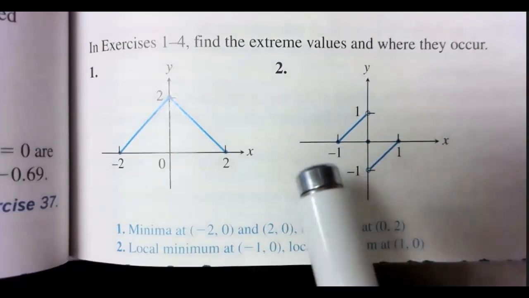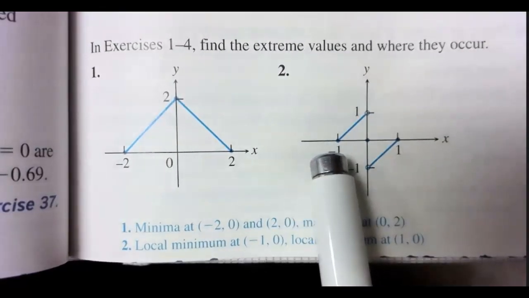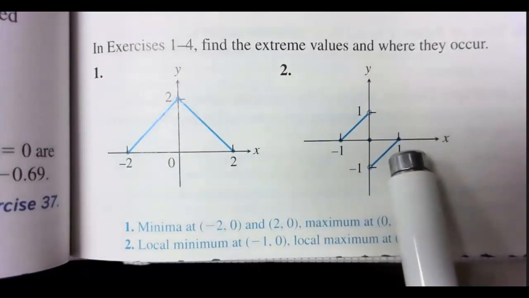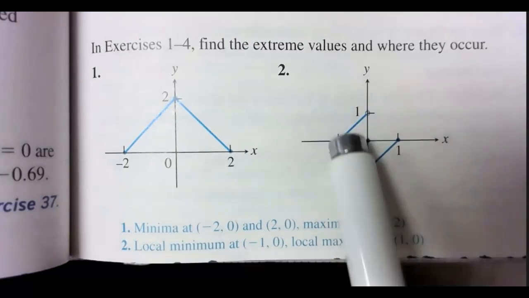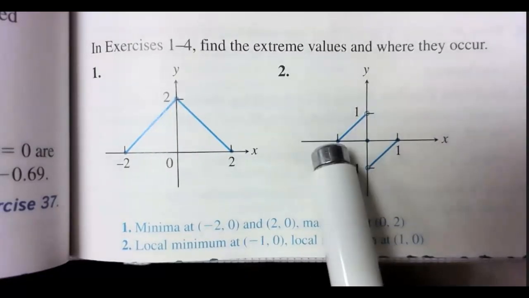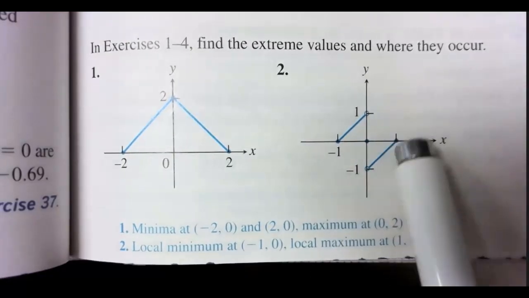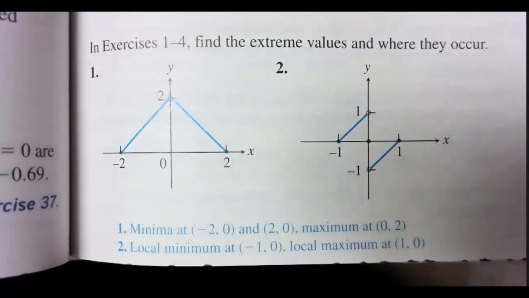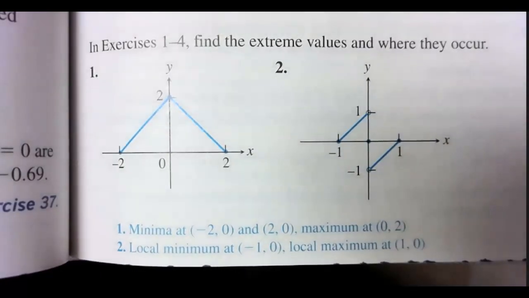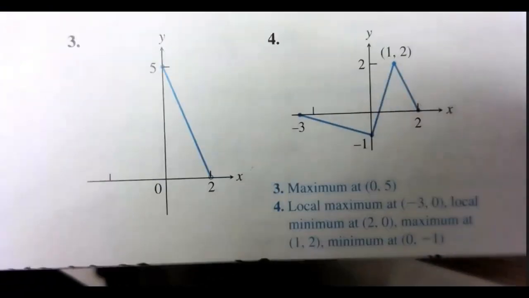Therefore, I have a local min at (-1, 0) and a local max at (1, 0). Because that is the lowest point relative to what's happening around it. Number 3 and 4.